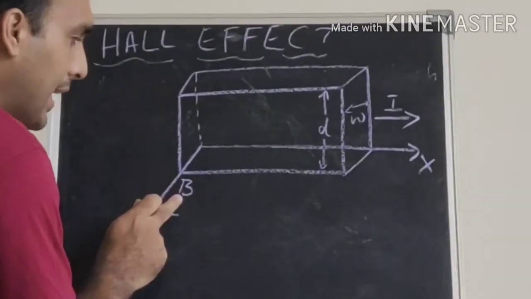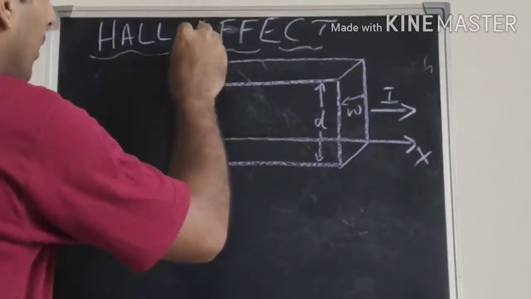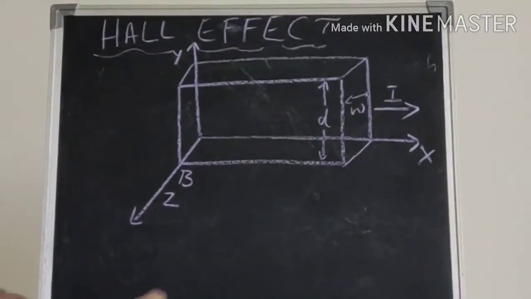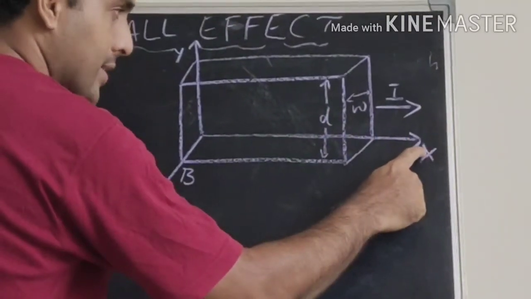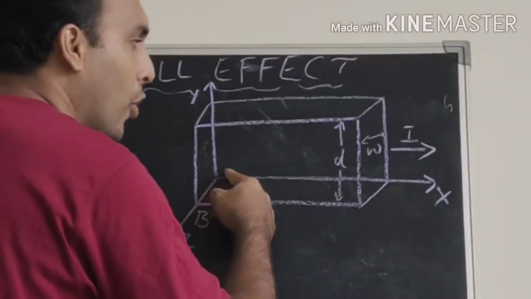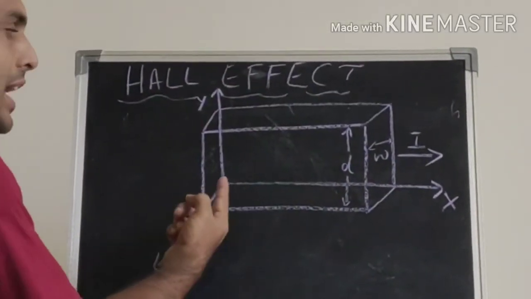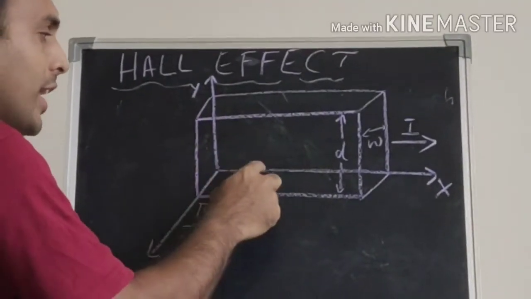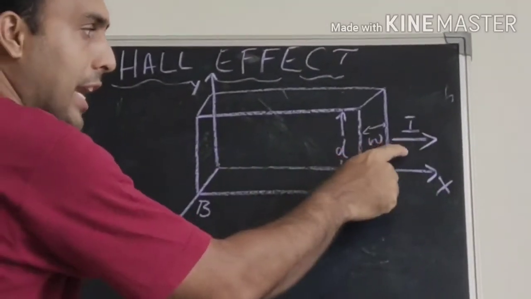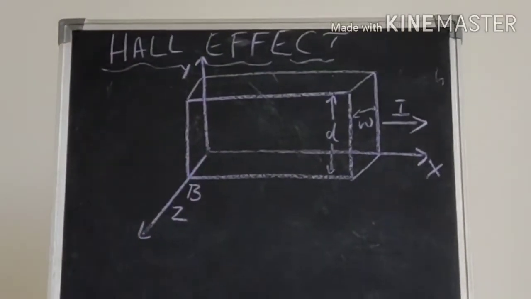This is the y direction, which is perpendicular to x and z. When the current flows along the positive x direction and the magnetic field B is applied along the z direction, according to the Hall effect, a field is induced perpendicular to both the direction of the magnetic field and the direction of the current flow, and that is along the y direction. That field is developed. This is the Hall effect.